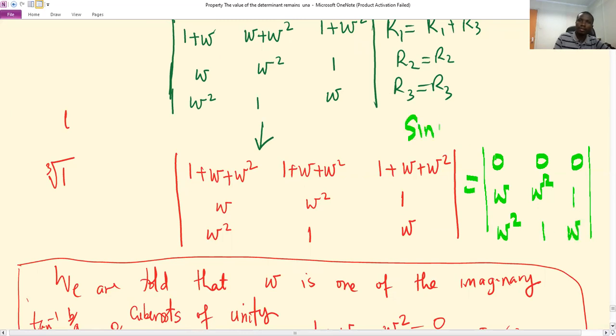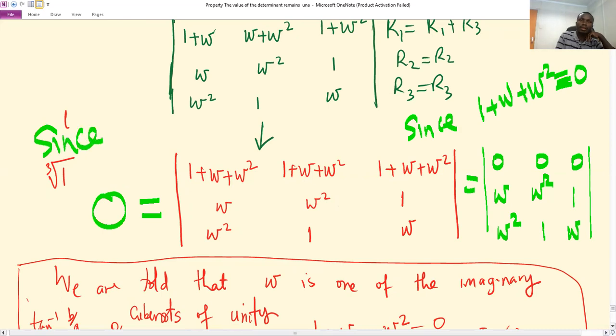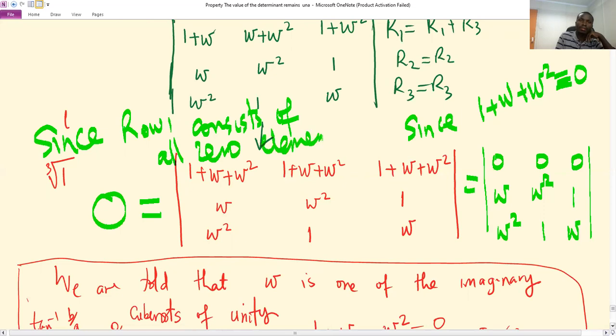Since 1 plus omega squared is 0, as we have shown down there, all these determinants will be 0, since row 1 consists of all 0 elements. Then that will be the conclusion for that problem. Thank you.